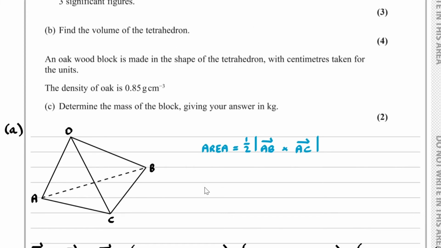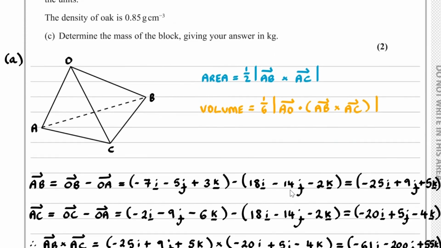Now the volume will equal 1/6 lots of the modulus of AO dot product with the cross product of AB cross AC. We need to work out what the vector AO is.